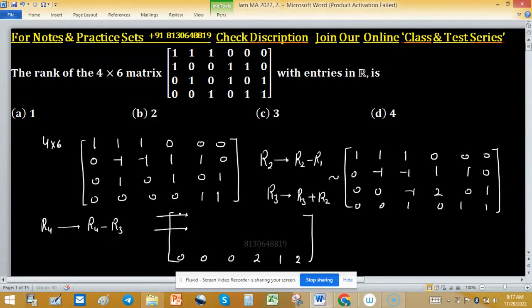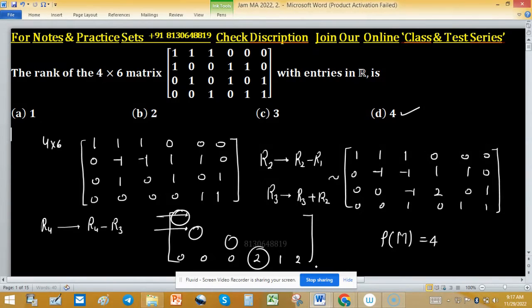The first entry of the first row, the second entry of the second row, and the third entry of the third row are pivot elements, and in the fourth row this is the pivot element. So we are getting 4 pivot elements. So the rank of this matrix, call it M, is 4.